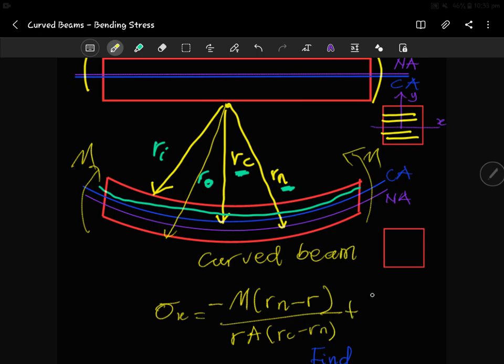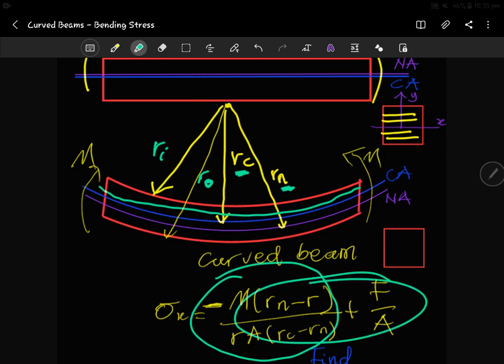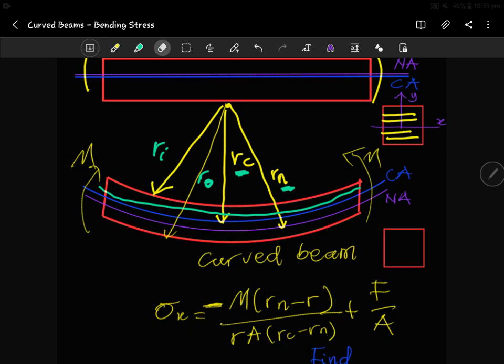It will be a plus, because stress is a force per unit area, right? This minus here is very important. If there is no direct force acting on it, we use only this with the minus. But if there is a direct force acting on it, we add this one. Okay, that's the bending stress equation within a curved beam. All right, so we are going to look at some examples.